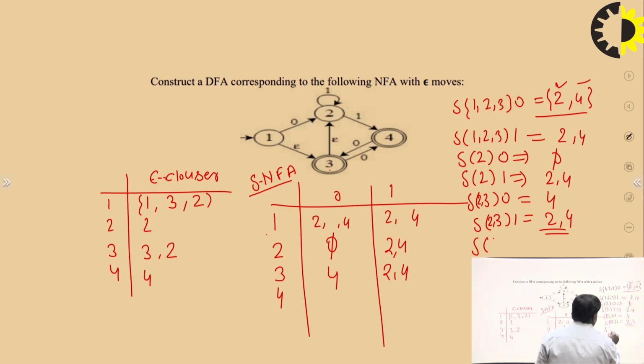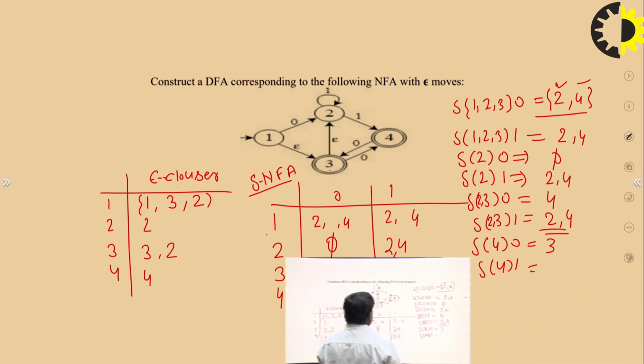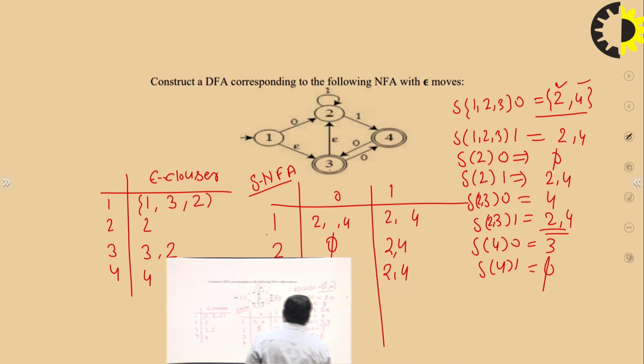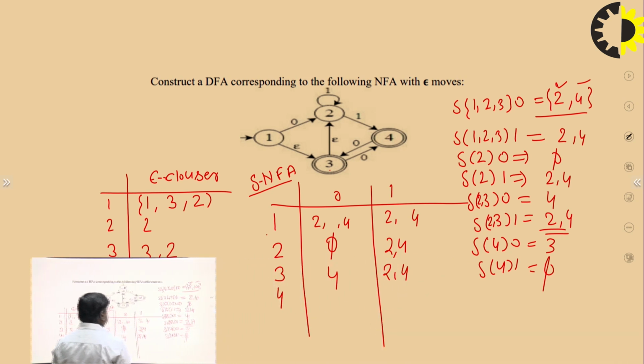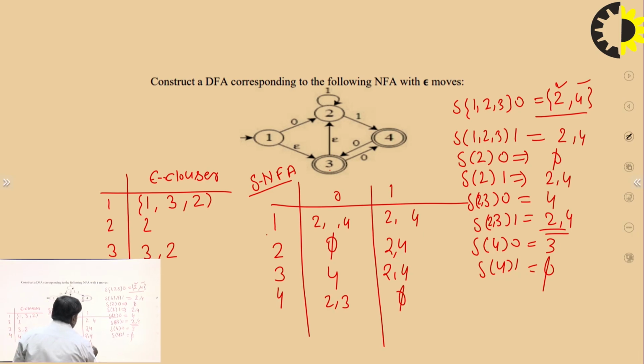Now the transitions of 4 on 0 and on 1. The transition of 4 on 0 is 3, and on 1 there is none, that is 5. The closure of 3 is 2, 3, and here it is 5.